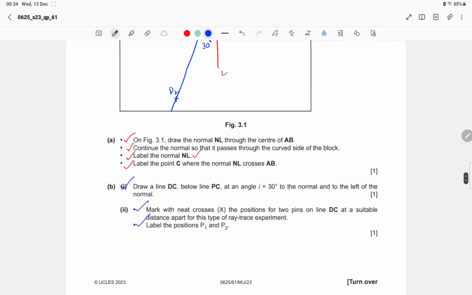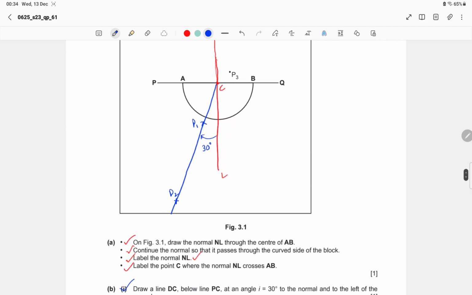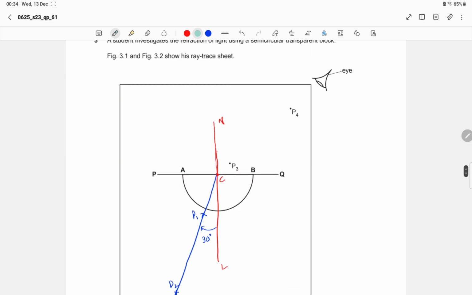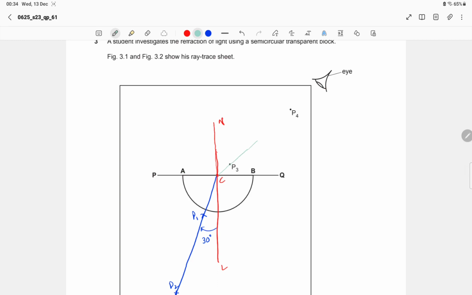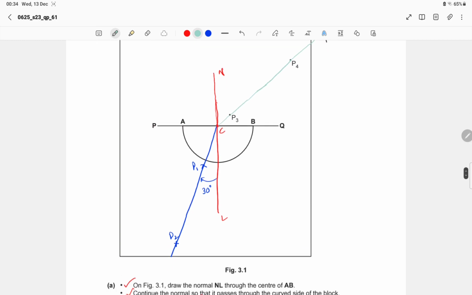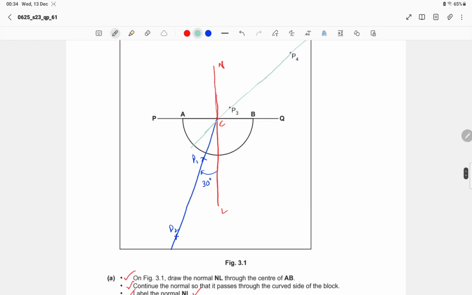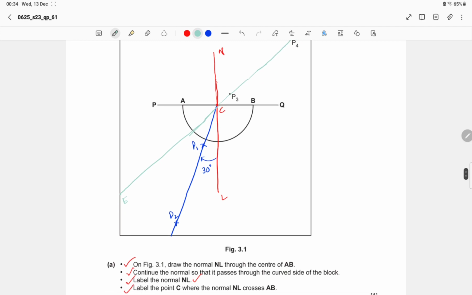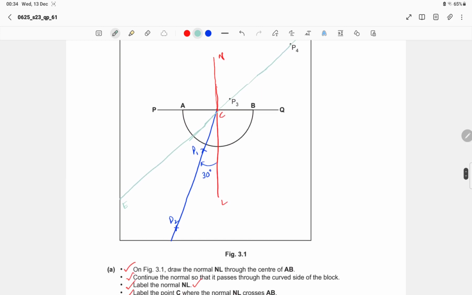So you have to connect P3 and P4, draw a straight line, continue that straight line like this and mark it as E. Okay, and we have done this E as well.